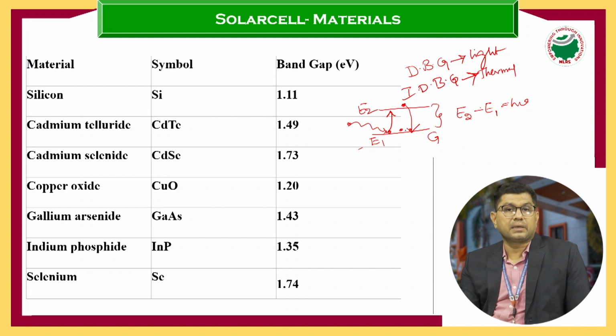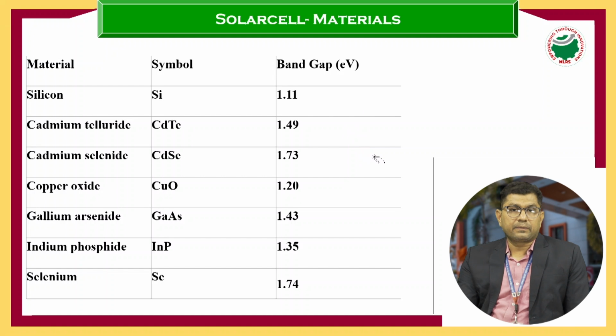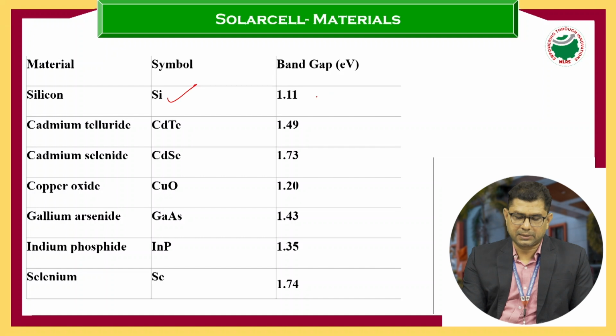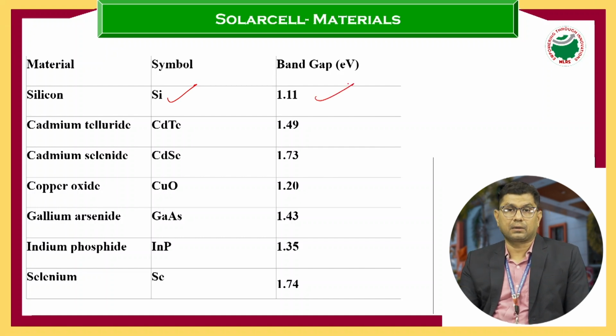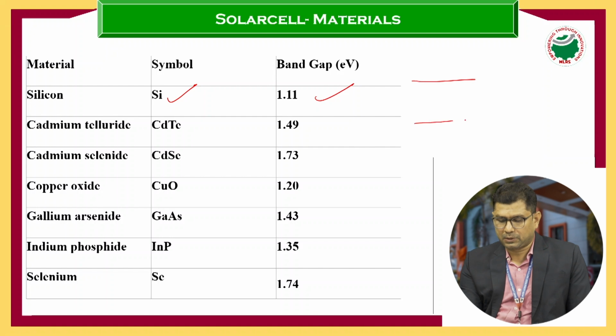This phenomenon plays a major role because in order to convert optical energy into electrical energy, the major factor here is the energy gap. Among different materials available in nature, for silicon the energy gap is 1.1 electron volts, meaning the gap between the valence band and the conduction band is 1.1 electron volts.